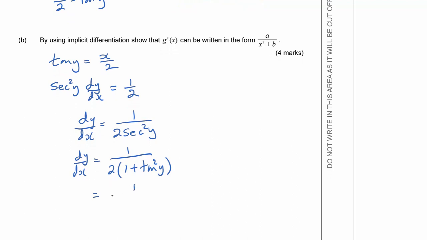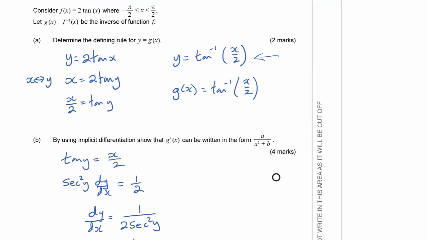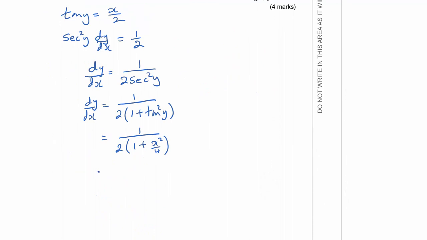So that's going to be 1 over twice 1 plus tan squared y, and tan y is x over 2, so tan squared y is x squared over 4, which gives me 1 over 2 plus x squared over 2.